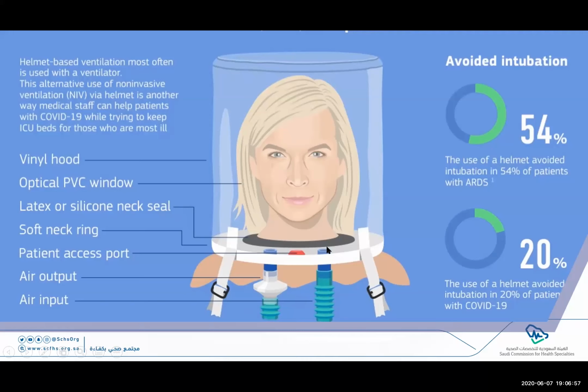One is an inspiratory limb, and the other is an expiratory limb. And this thing in the middle in here, we call it the patient access port, which is basically closed when not used with a plug or a stopper. And these are the two shoulder straps. So this is the basic component, or what the helmet is made of and how it's designed.